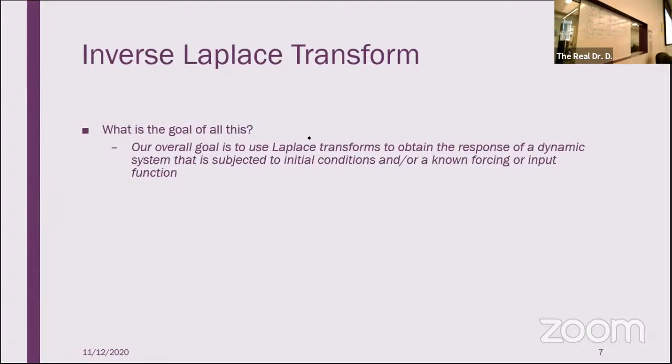The order of events is this: I want to take the Laplace transform of something, solve it in the Laplace domain for a variable of interest, and then take the inverse Laplace transform to get it back into the time domain.